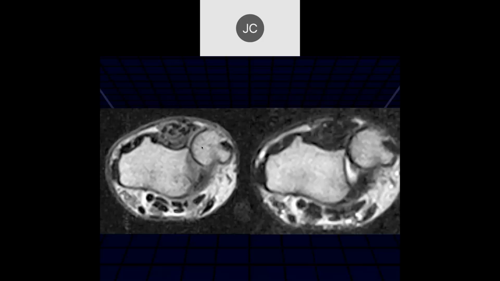How much is too much? That's kind of debated, and not everybody agrees. Generally, it's felt that this is abnormal if you have the mid portion of the ulna articulating with the dorsal or volar aspect, usually the dorsal aspect of the radius.